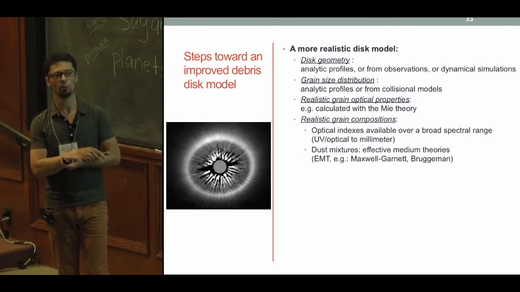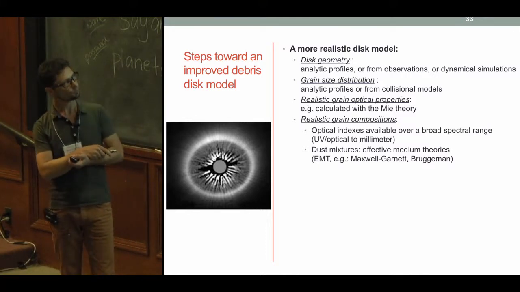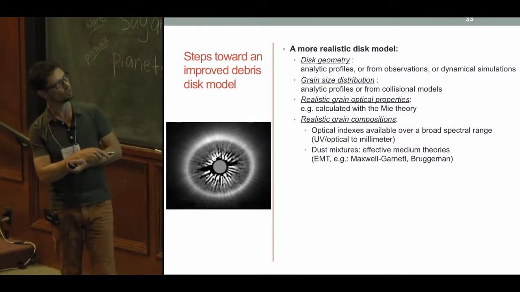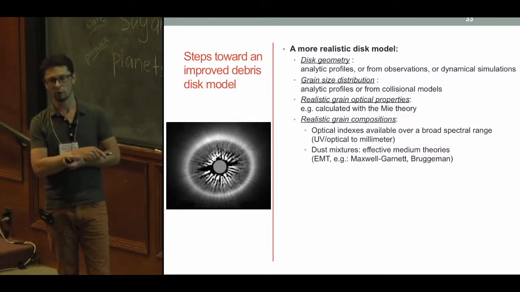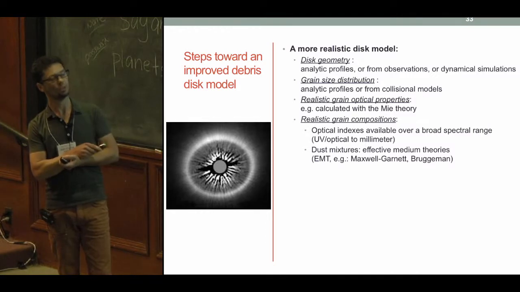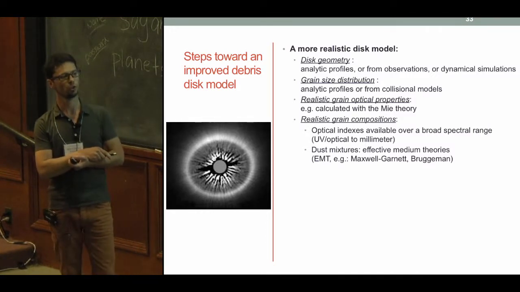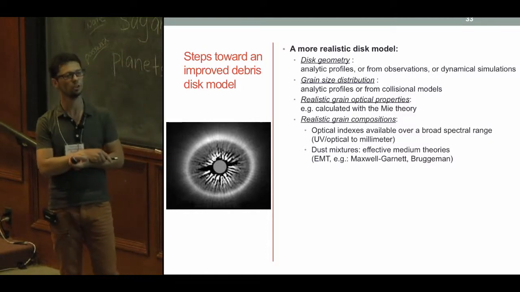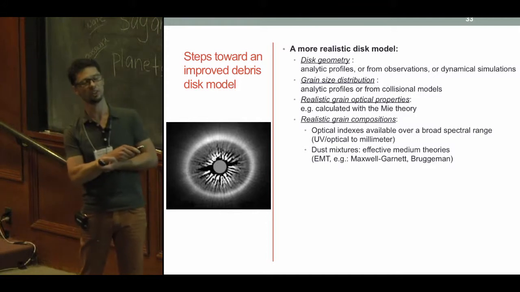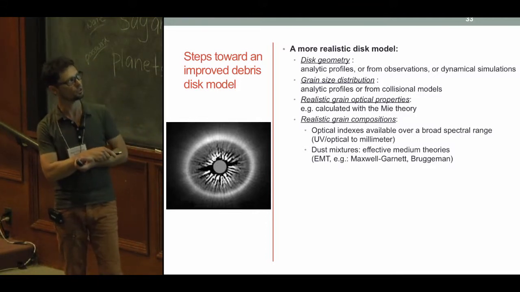Mie theory needs optical indexes to calculate the efficiencies, absorption and scattering efficiencies, which means that you need optical indexes over a broad range of wavelengths from the UV to the millimeter, because your grains are very efficient at absorbing light in the UV and in the visible, but they do emit at long wavelengths. So you need the optical indexes for your grains to be available over this broad spectral range.